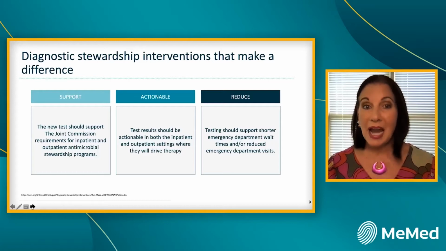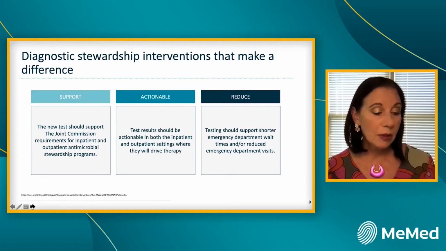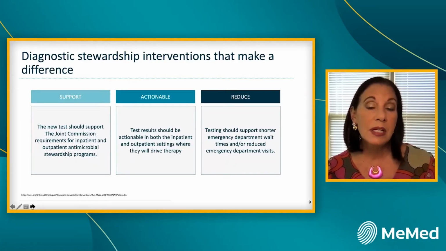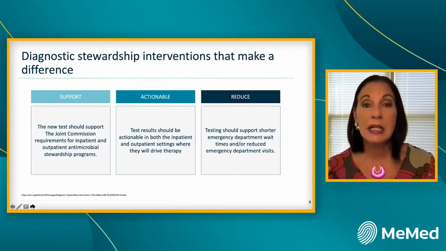Is the test actionable? Can it be acted upon in the inpatient and outpatient setting where it will drive therapy? Will the test actually reduce times in the emergency department, wait times, and reduce unnecessary ED visits?